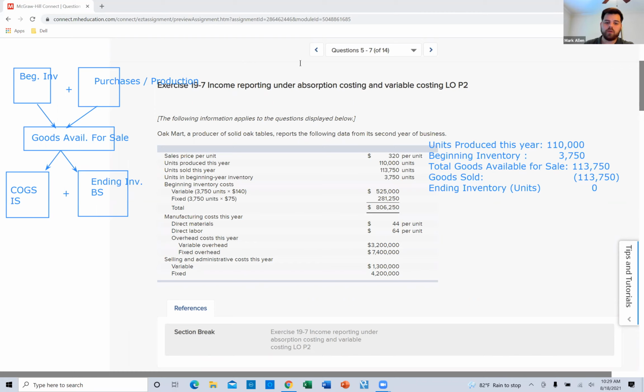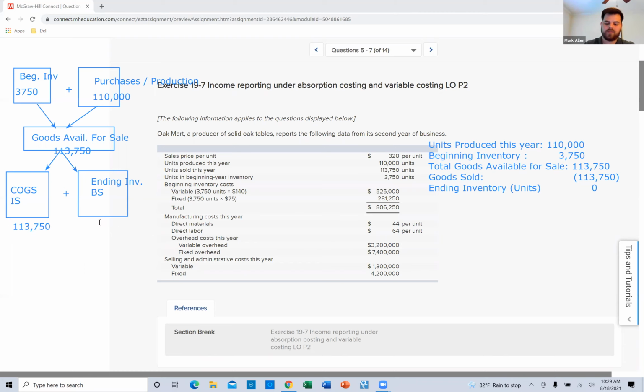So if we just drop in our numbers, in this case, we had beginning inventory in units, 3,750. We produced 110,000. That gave us goods available, 113,750. We sold 113,750.